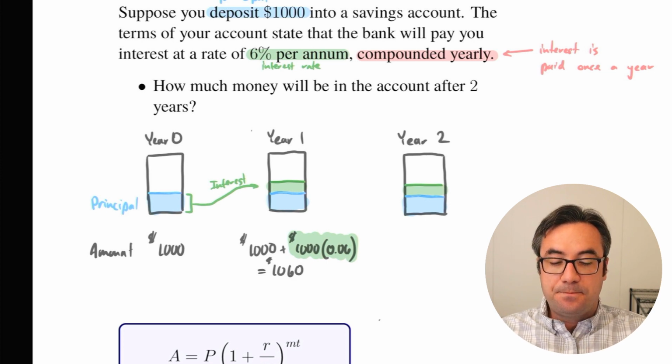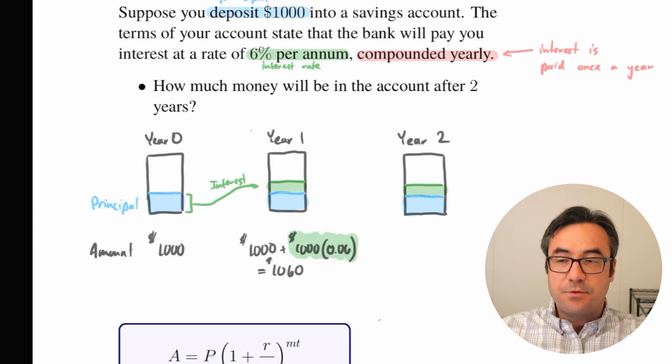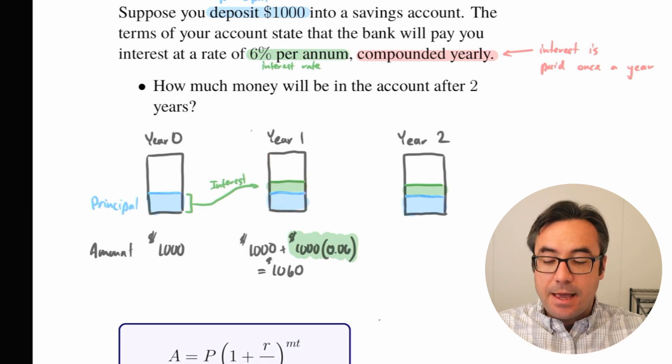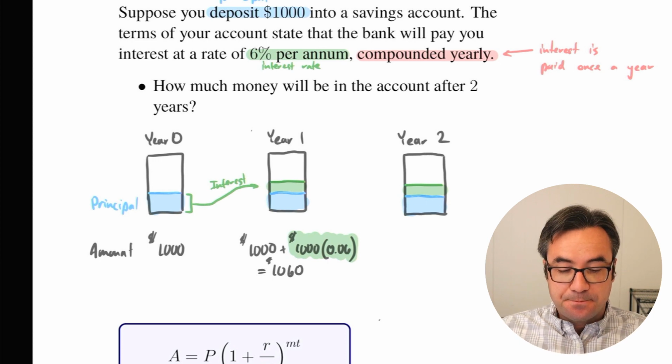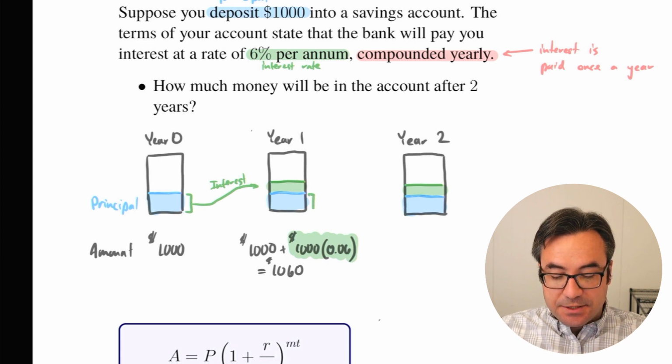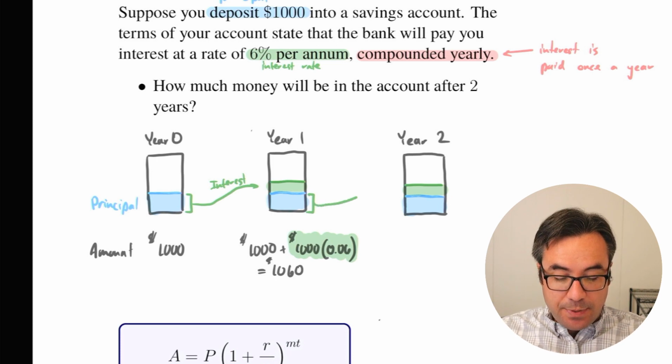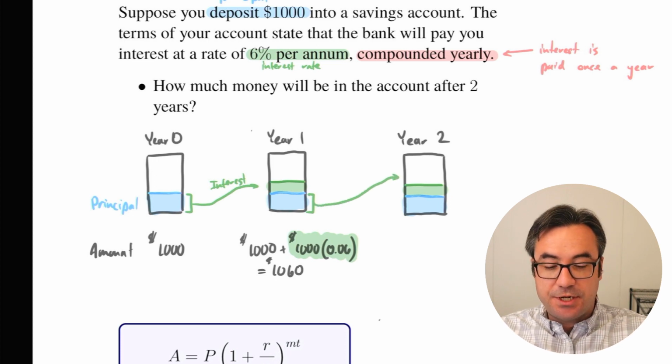But now, the bank's going to recognize that if we go back to our year 1 balance, we had a few things sitting there, and the bank's going to pay us more money. So the bank's still going to pay us interest for the principal that we had. So they're going to pay us some additional interest here.